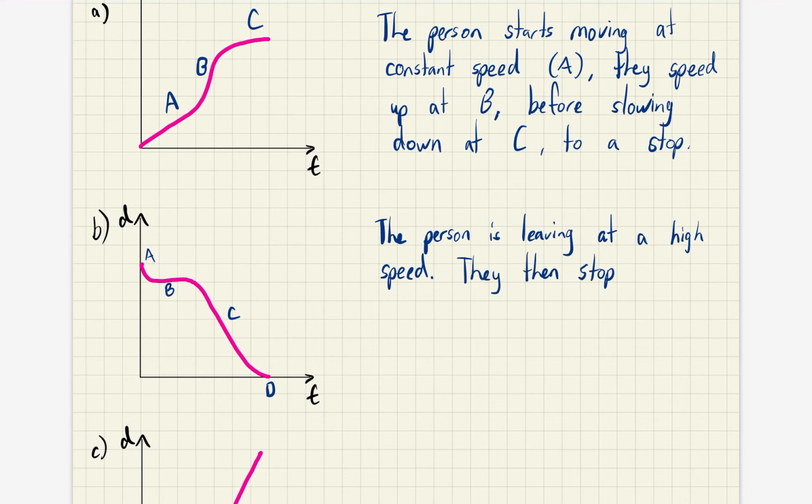They then stop at B, because we've got a flat line here. They're not moving. They're not changing distance.